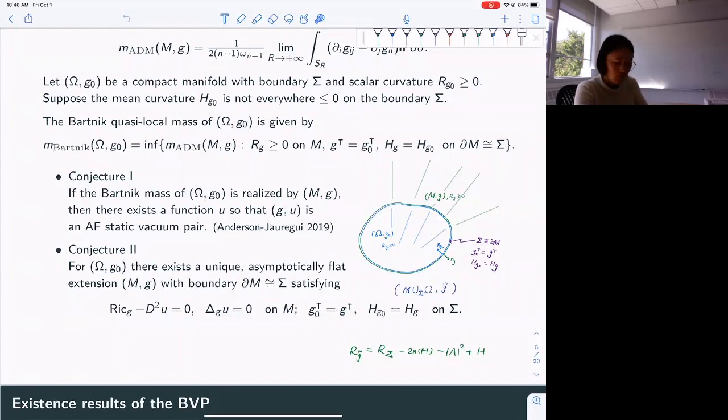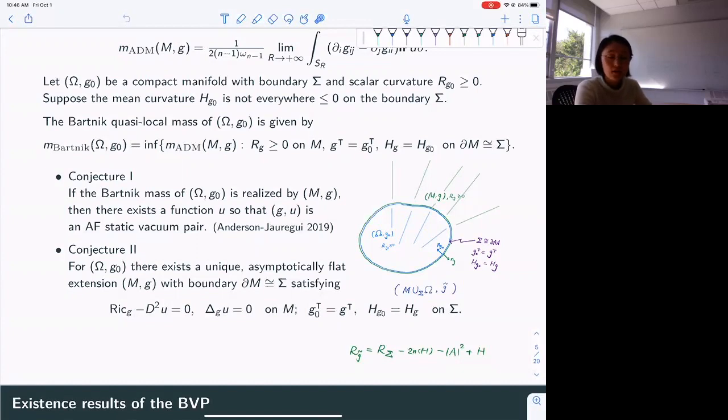Here g is asymptotically flat if g decays to the flat metric, and u should decay to the constant function 1 at infinity. The first conjecture was proved to be true by Anderson and Jauregui in a paper in 2019. So we know the minimizer must be static vacuum.